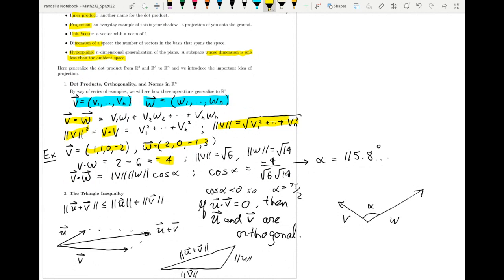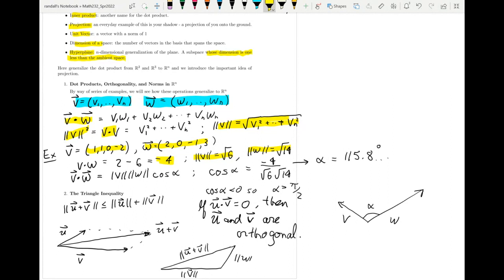So it'd be the sum of 1 plus 1 plus 4, which is 6, and take the square root to get the norm. Similarly, the norm of W would be the square root of the sum of its squares, which is 4, 1, and 9, which is 14. Okay, so I've computed the dot product and the 2 norms.